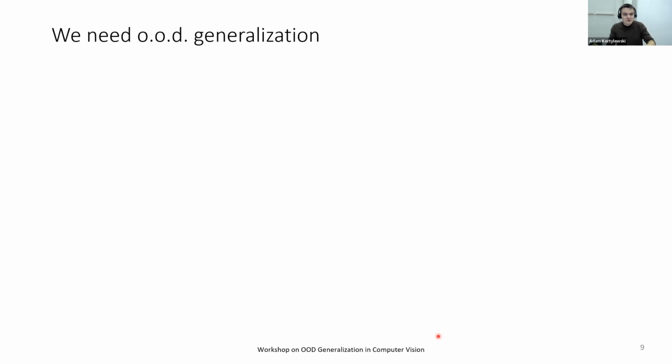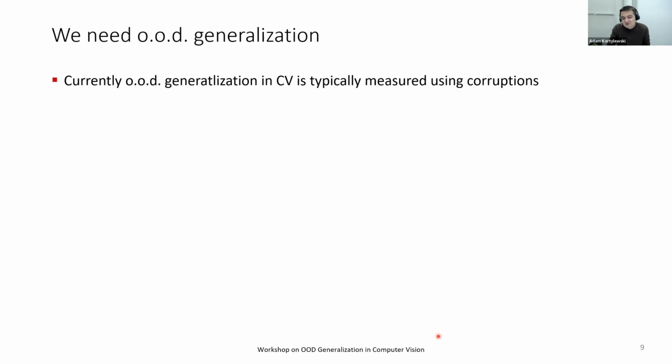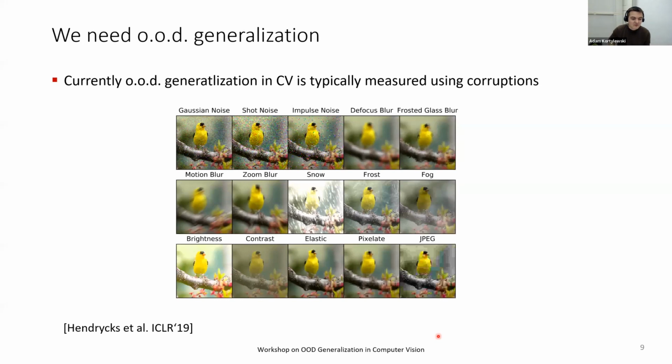we need out-of-distribution generalization. The currently most popular way of evaluating out-of-distribution scenarios is a paper by Dan Hendrycks, who is also a co-organizer of this workshop, from 2019, where they introduced synthetic image corruptions and showed that deep networks are not able to handle most of those.